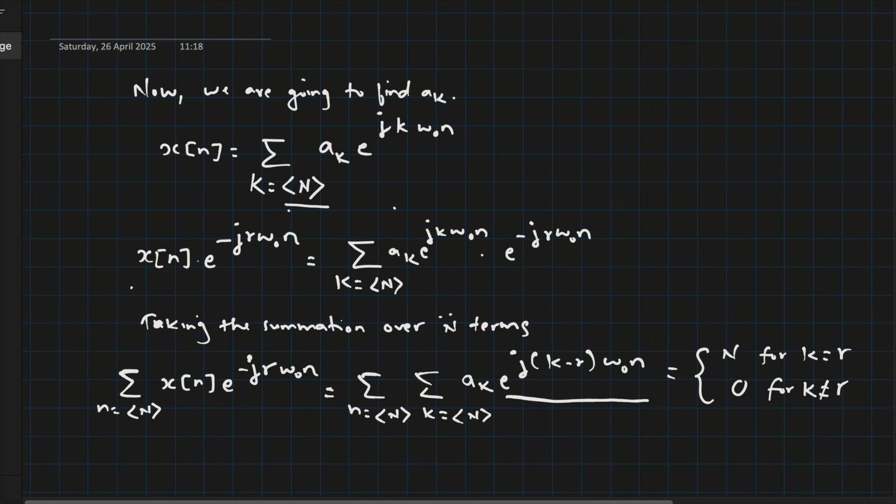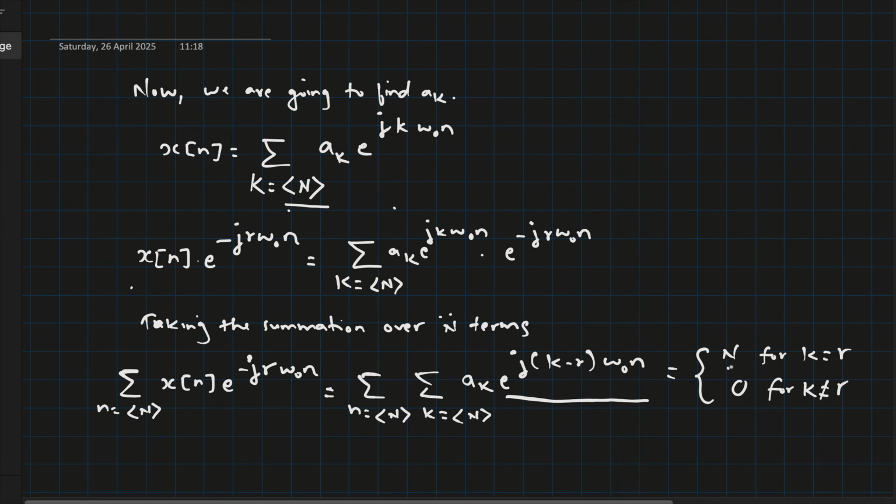So our equation reduces to the summation of x of n e to the minus j r omega naught n equals N times a r.